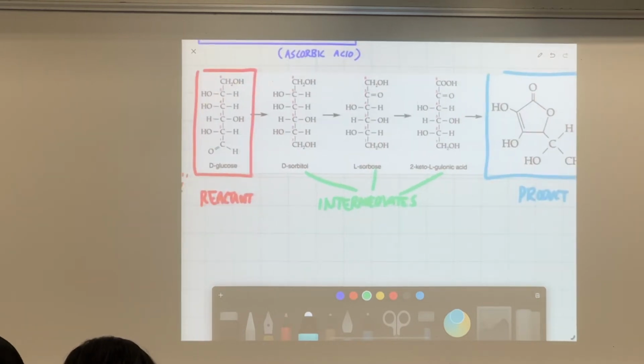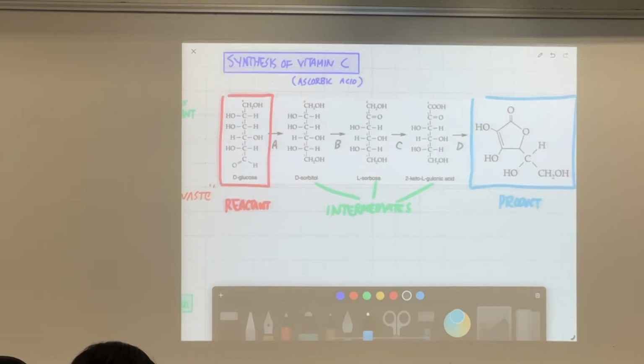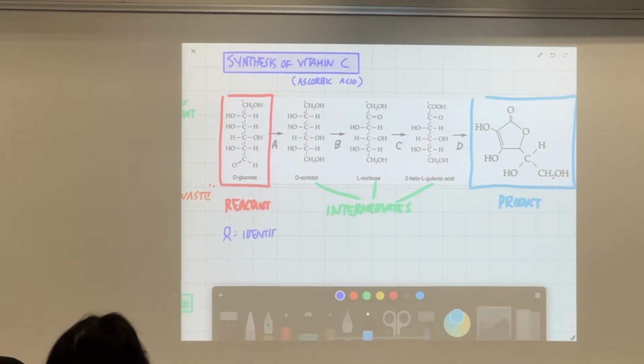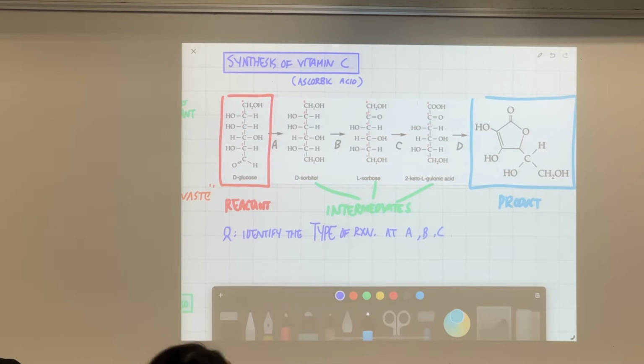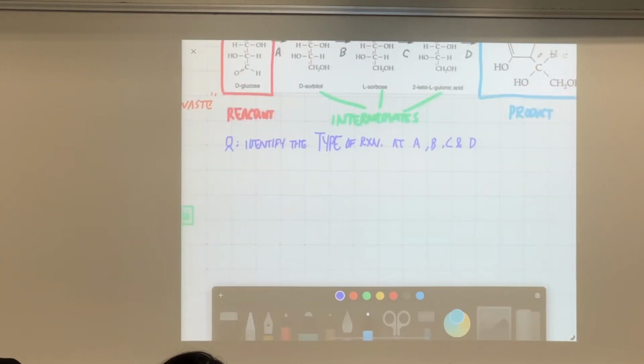But can you tell me what is the type of reaction that happens at A, B, C, and D? So let me put down the question here first. Identify the type of reaction at A, B, C, and D. Well, by type, we know a lot of reactions already.